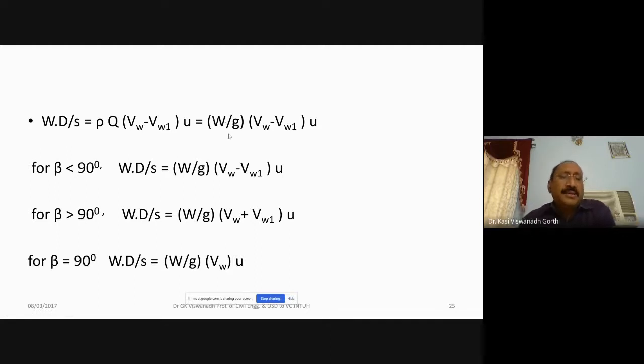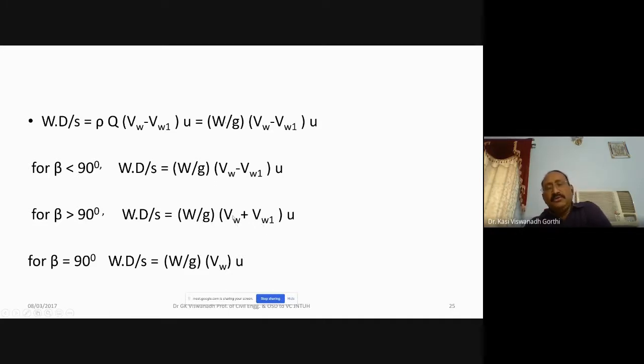Okay, so for beta less than 90 degrees, for beta greater than 90 degrees, and for beta equal to 90 degrees, the directions and magnitudes of VW1 are changing. You need to have three different expressions for the work done. The work done per second for beta less than 90 degrees would be, VW1 is in the same direction as that of U. And for beta greater than 90 degrees, the obtuse angle case, VW1 is opposing, so minus of minus VW1 becomes plus VW1.